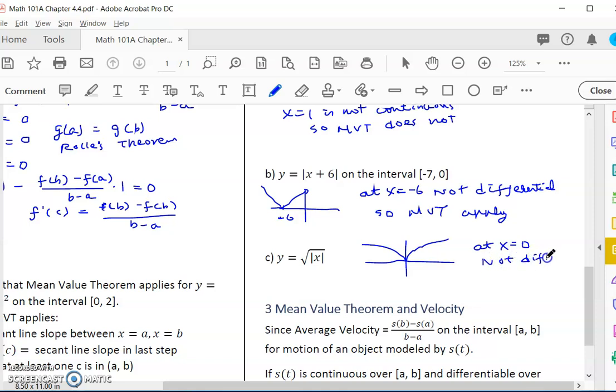Whenever there's a sharp corner like castles, it's not differentiable. So MVT does not apply. If you want to use MVT, it has to be differentiable. This point is not differentiable.